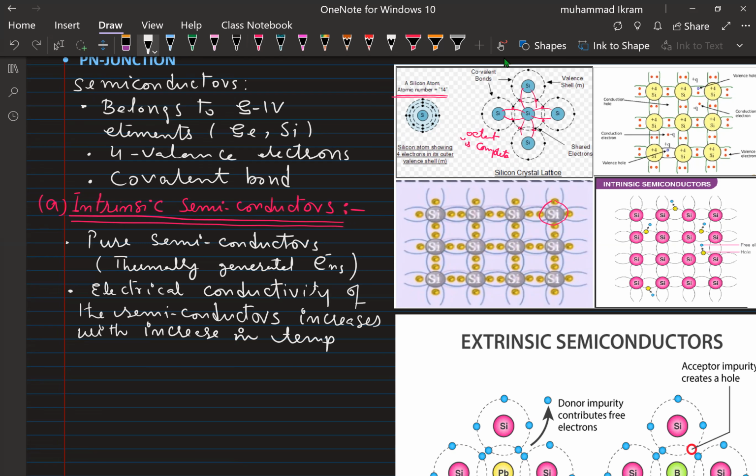So if you increase the temperature, their conductivity increases.